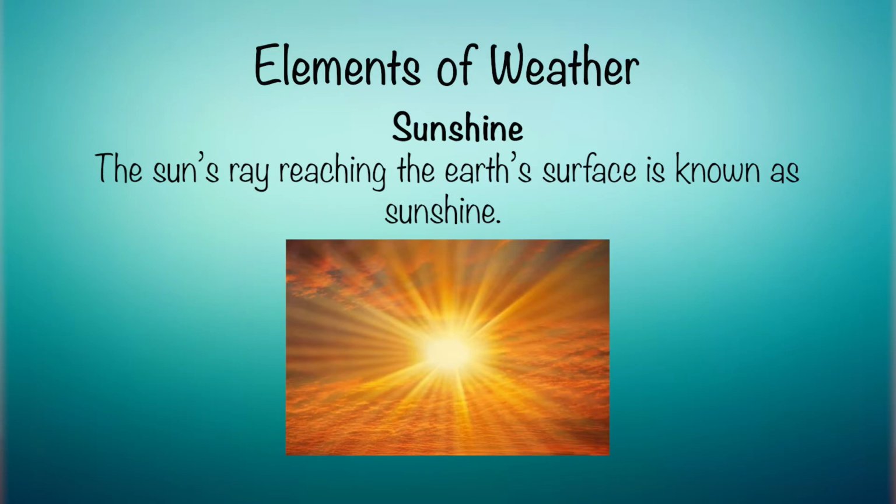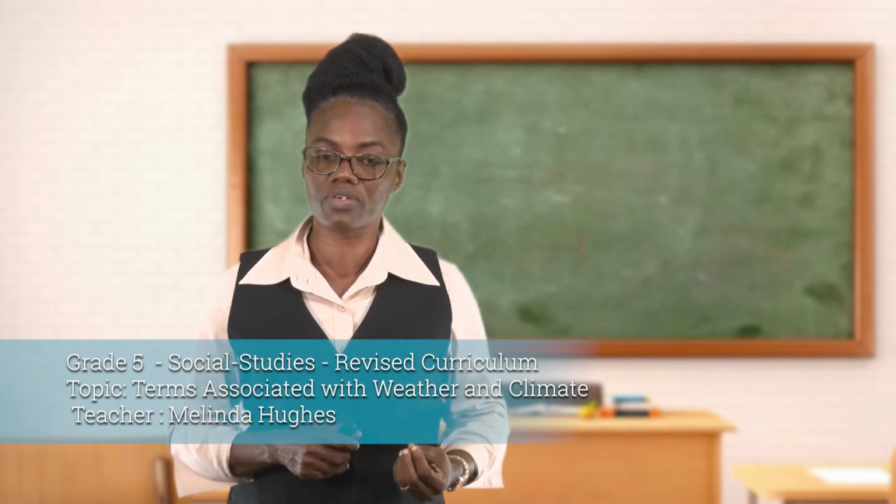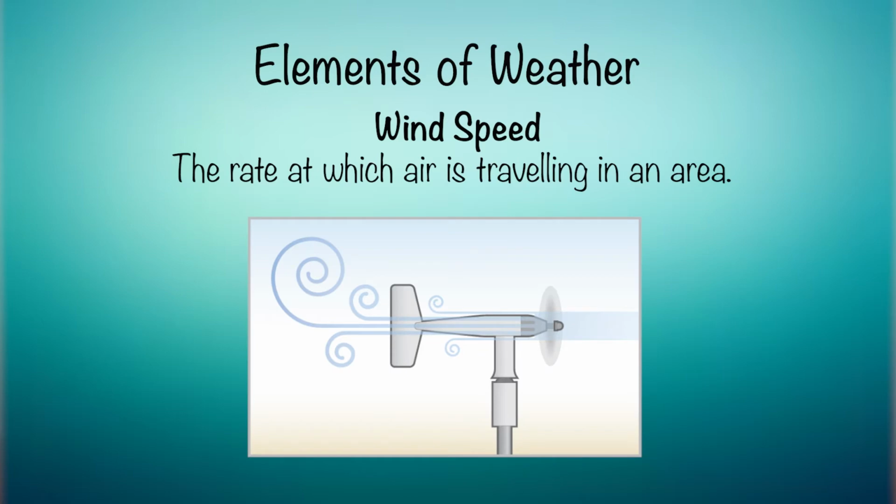Sunshine. The sun's rays reaching the Earth's surface is known as sunshine. The next element of weather that we will discuss is cloud cover. The amount of sky covered with clouds is known as cloud cover. The next element of weather is wind speed. The rate at which the air is traveling in a particular area is referred to as wind speed.